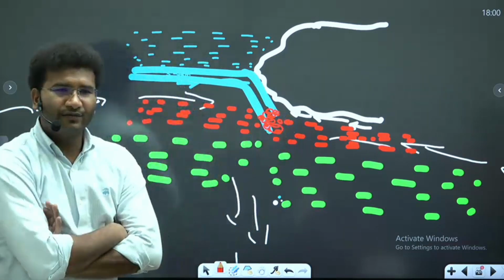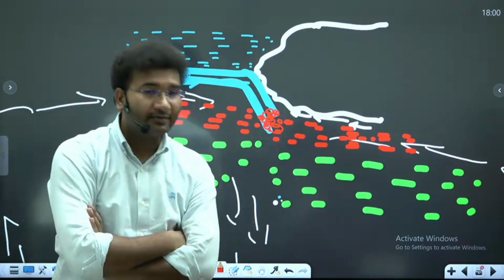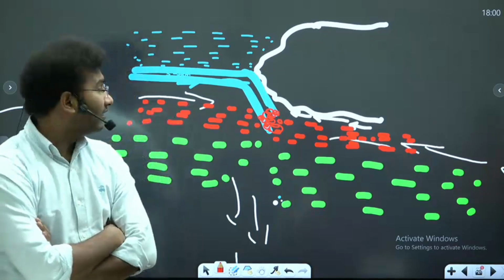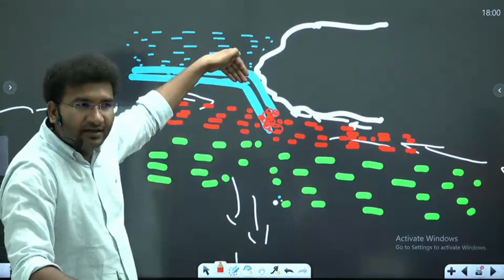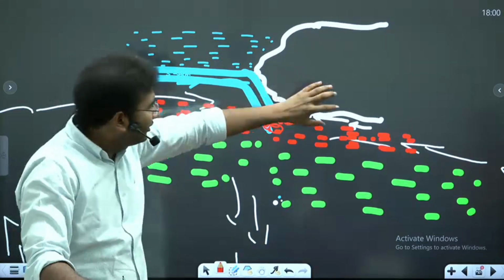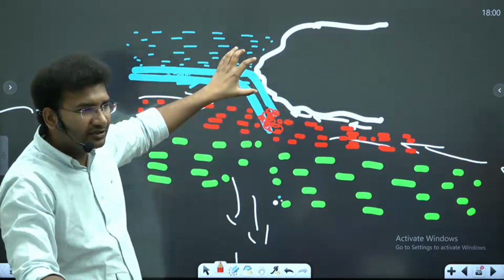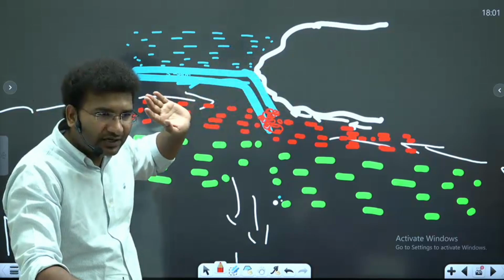Don't you think the volume of the asthenosphere should increase? If there is melting taking place, don't you think the volume of the asthenosphere should get increased? This blue color plate, the ocean, it is getting sunk underneath the continent. Continent is also moving in the same direction. So here, the melting of the oceanic plate has taken place.